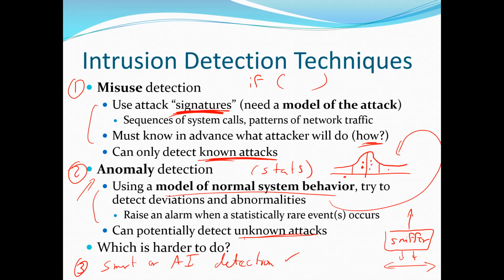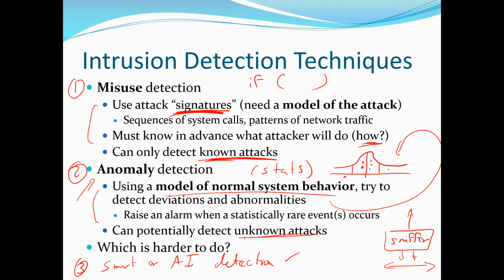And then, of course, a third one, like what BlueVector is doing. I'm pretty sure BlueVector is not just doing anomaly detection. They must have other things in place. They might have some misuse. They'll use whatever they need to accomplish the job. They have a mission to complete, and they'll use whatever makes them successful for their customers.